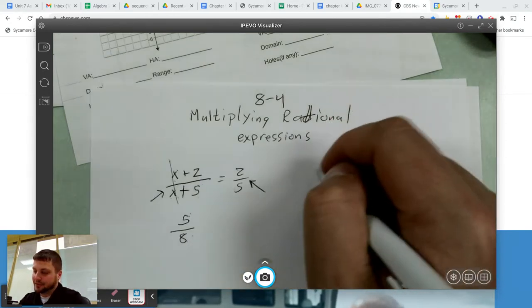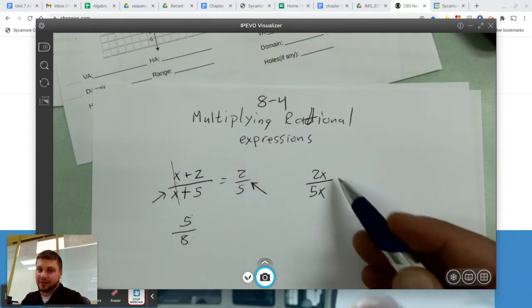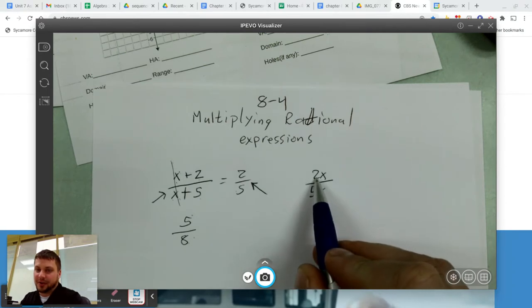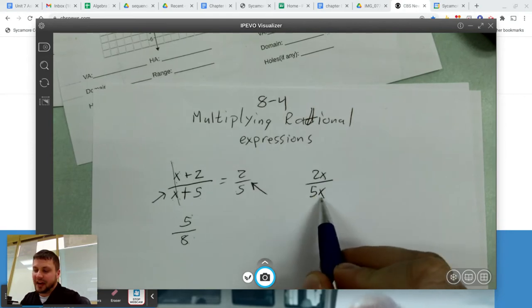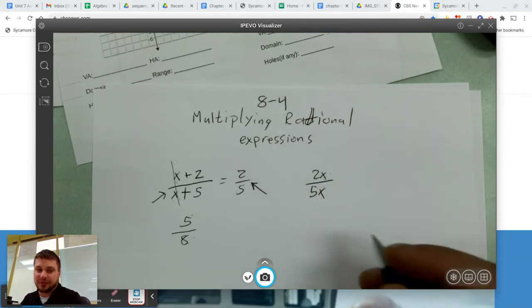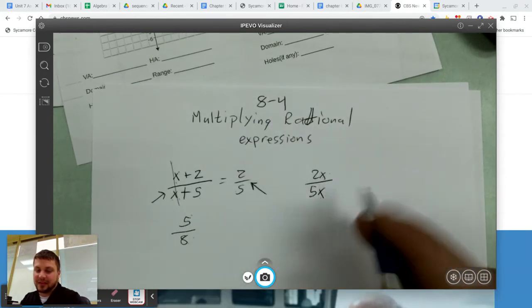Okay, now, contrary to that, let's kind of switch this up a little bit. I'm using the same numbers, but a different math operation. Notice that there's only multiplication going on between this 2 and this x. There's only multiplication going on between this 5 and this x, which makes the 2 and the x, the 5 and the x eligible to be canceled because there's only multiplication happening on the top and the bottom.